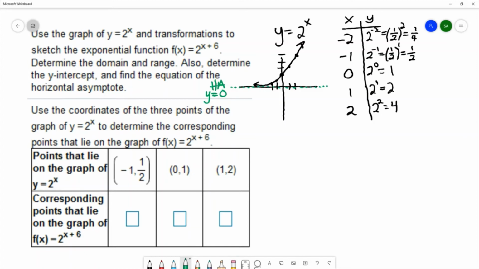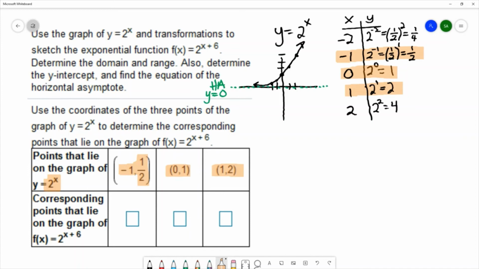And you can see that the ordered pairs that are written down right here, (-1, 1/2), match the ordered pairs that we figured out for ourselves, (0, 1), (1, 2). So these are ordered pairs that are on the graph of y equals 2 to the x.